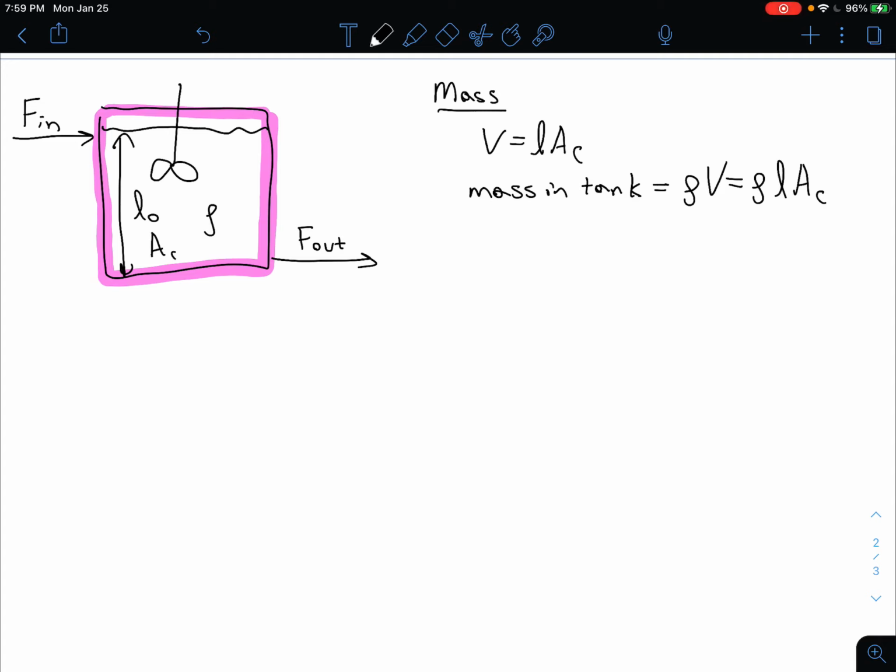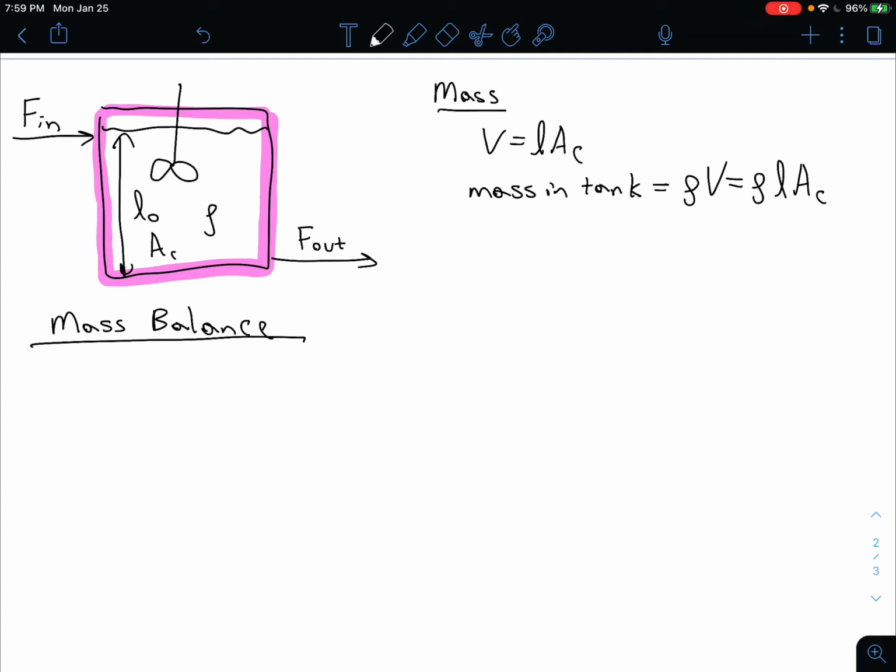So let's do a material balance. It may be tempting to balance fluid volume, which would actually be correct if density is constant, but strictly speaking, we should do a mass balance, meaning that mass is neither created nor destroyed.